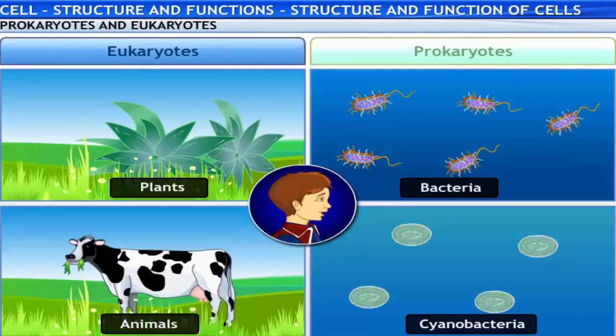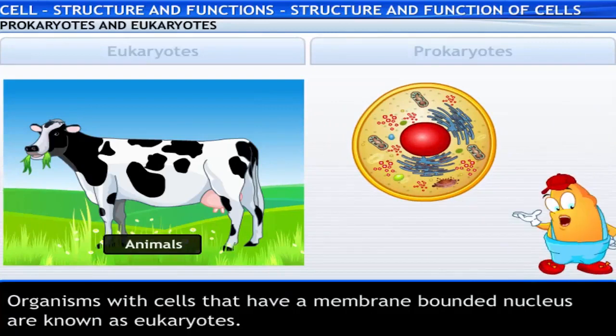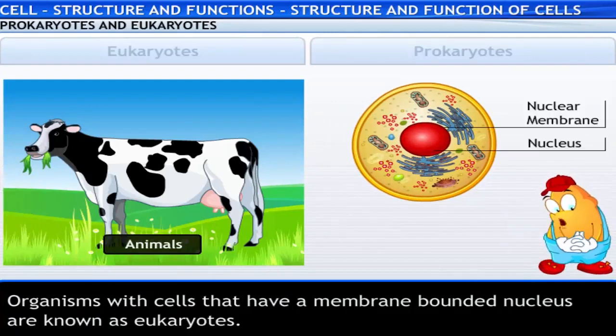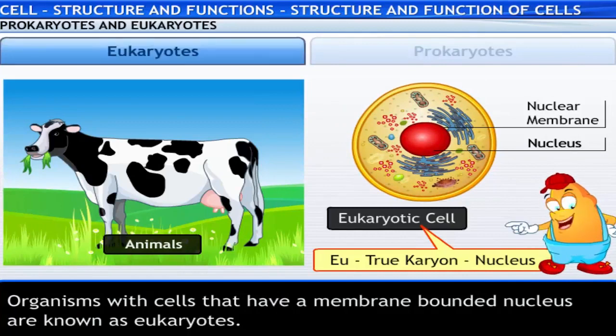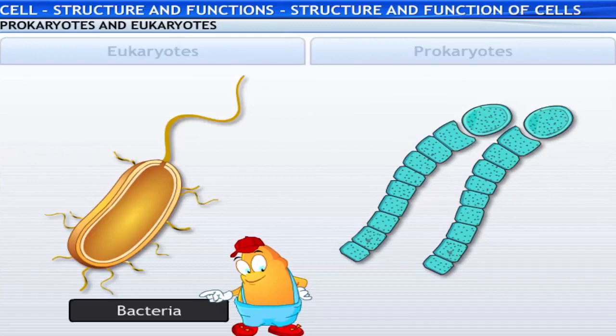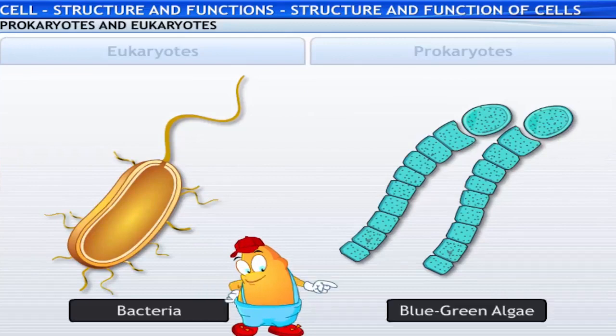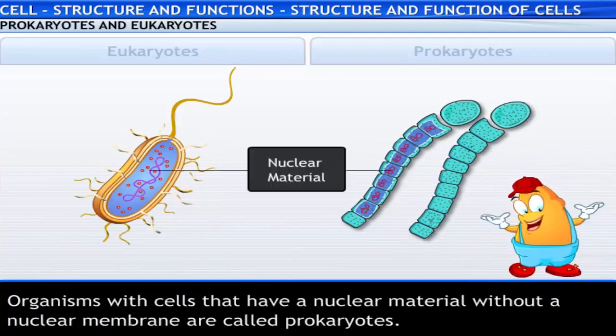Eukaryote and prokaryote? Yes, cells that have a well-organized nucleus with a nuclear membrane are called eukaryotic cells. Organisms that have such cells are called eukaryotes. On the other hand, consider unicellular organisms like bacteria and blue-green algae. The cells of these organisms contain nuclear material, but no nuclear membrane.